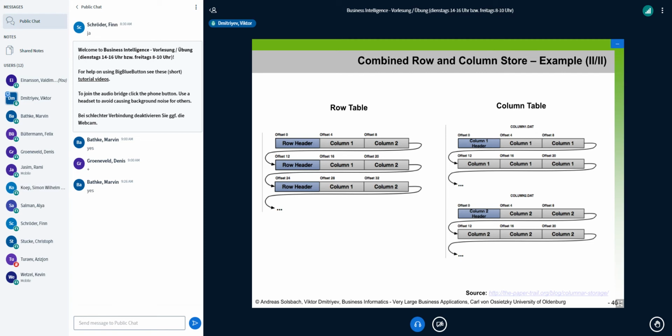And in case of row, it will be hardly possible. Why? Because you need to read all the rows that are connected to the value that you're looking for, and then throw away what you don't need, and then keep the column that you asked for. So quite inefficient.